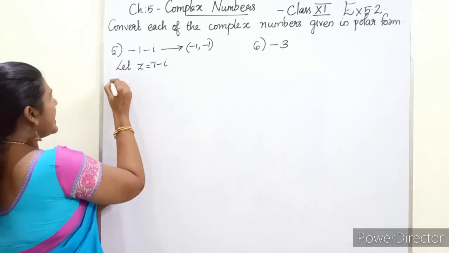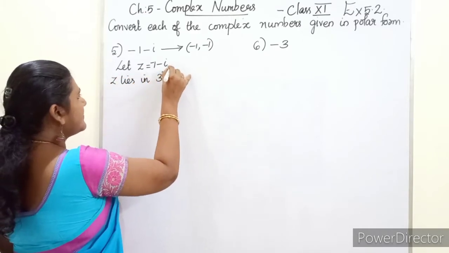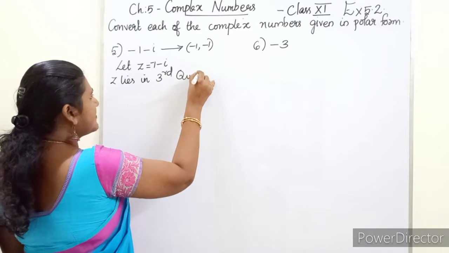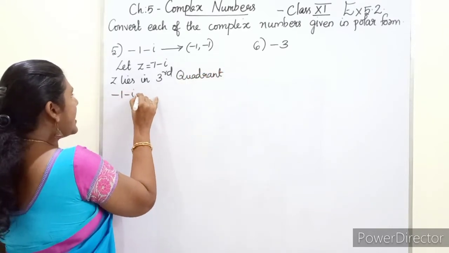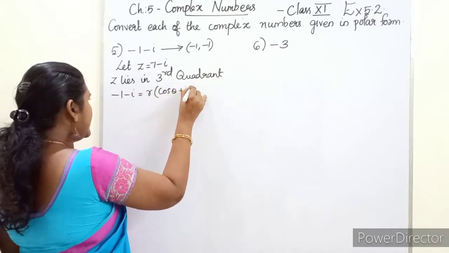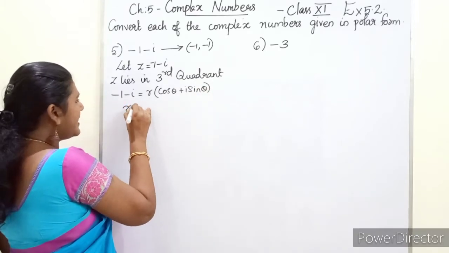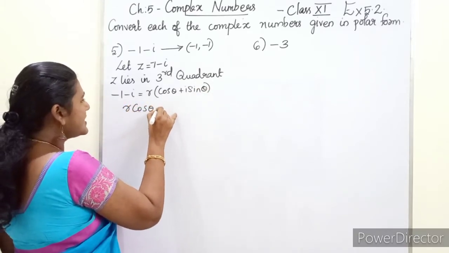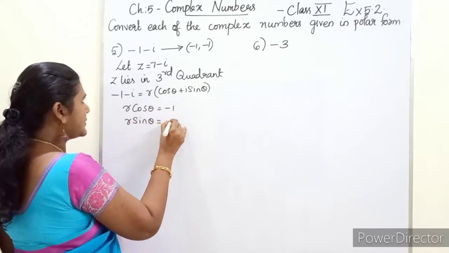So we can say z lies in the third quadrant. Now minus 1 minus i is equal to r into cos theta plus i sin theta. Now we will equate the real part and imaginary part. So r cos theta is equal to minus 1, r sin theta is equal to minus 1.